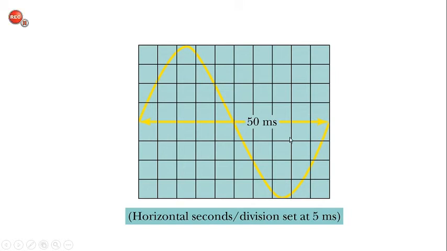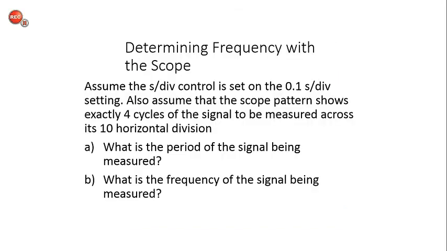So, determining frequency with the scope. Assume that the seconds per division control is set to 0.1 seconds per division. So each horizontal division on the oscilloscope screen represents 100 milliseconds. Also assume that the scope pattern shows exactly 4 cycles of the signal to be measured across the 10 horizontal divisions.